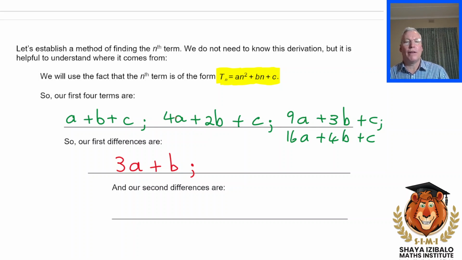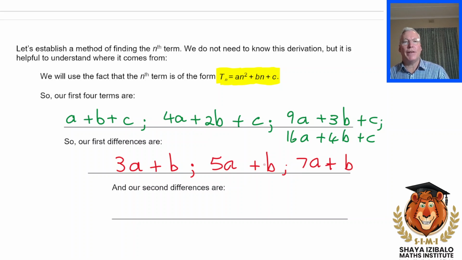We'll get 9a minus 4a, that's 5a. We'll get 3b minus 2b, we'll get a b. And the c's once again will cancel out, they'll subtract out. Let's write down the third term of the first differences. So that's this term, 16a plus 4b plus c, subtract 9a plus 3b plus c. And what we get is 7a plus b, and once again the c's cancel out.